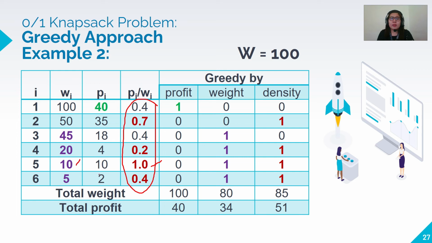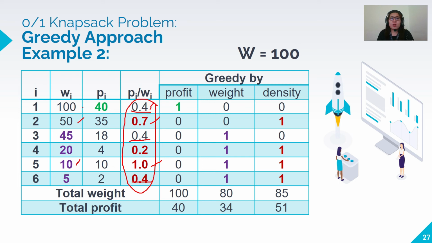Considering the weight, 10. Okay, next, highest, we have 0.7. The weight is 50. So, that is already 60. Next, on the list, we have 0.4. Kung papansinin nyo, 4 ang 0.4. Okay. Let's try this one, 0.4.